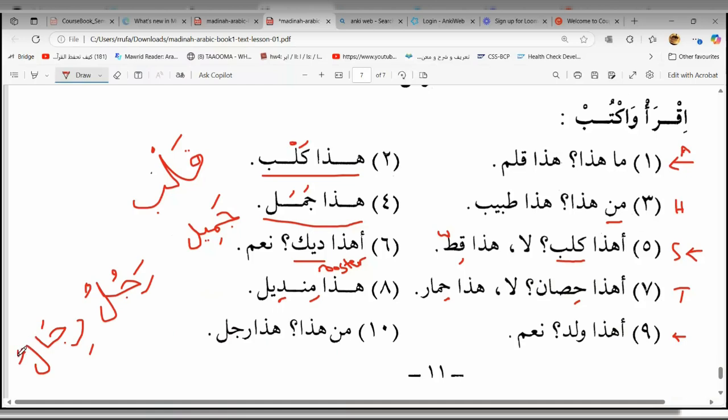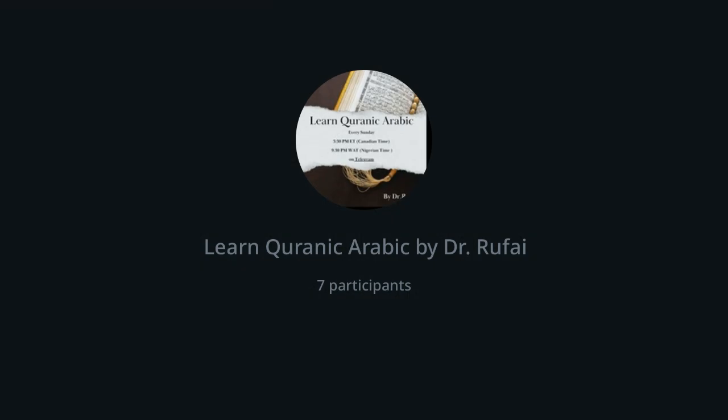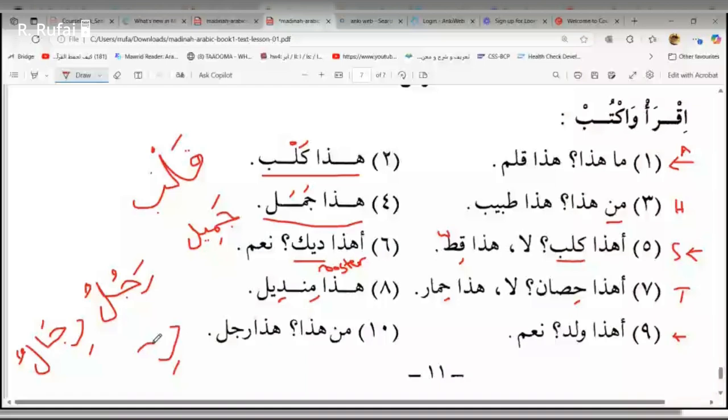We also have rijl. Rijl is a foot. Rijlan, two feet. Now, rijl is feminine, unlike these other words, which are masculine. But we'll get to it in time.